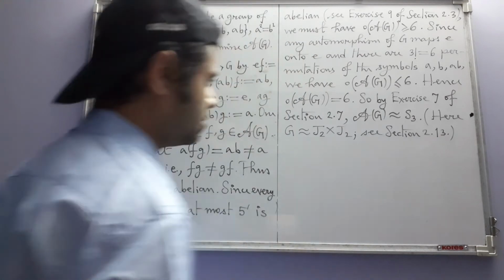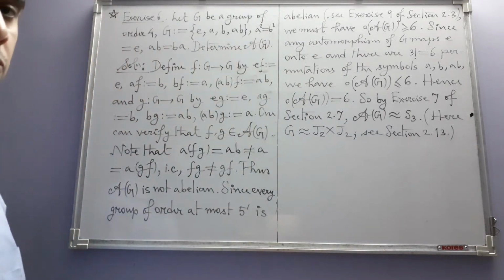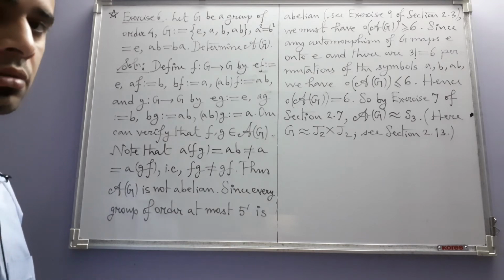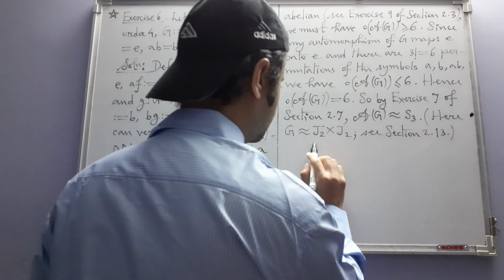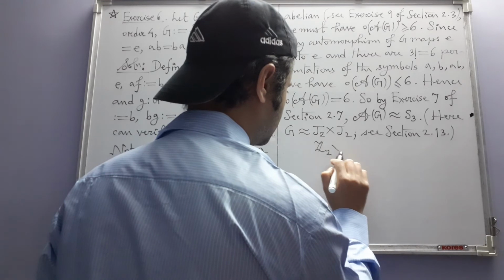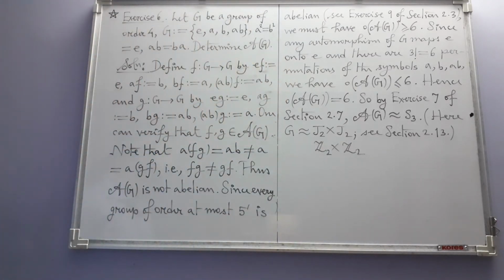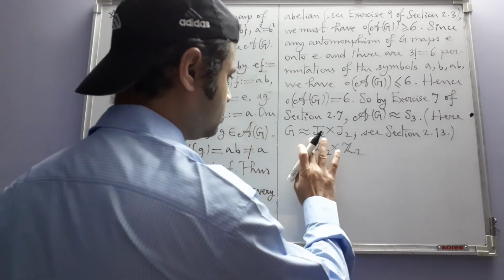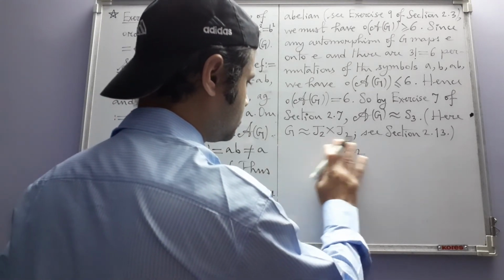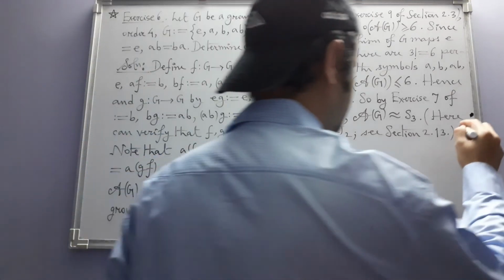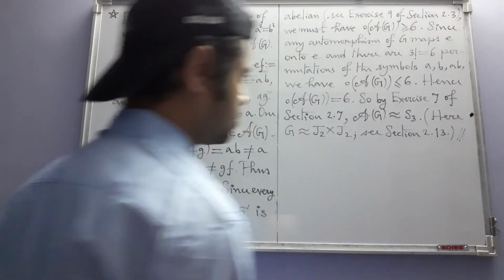We will see these things. And J, don't forget, J is the symbol that represents the set of integers. So the more familiar notation is this. So this is the solution.